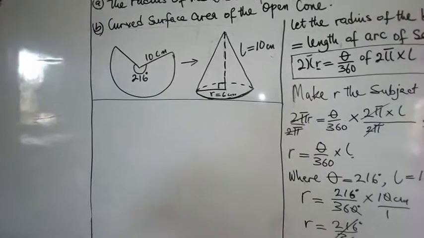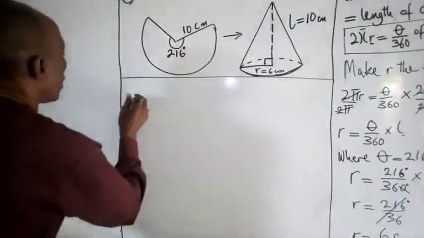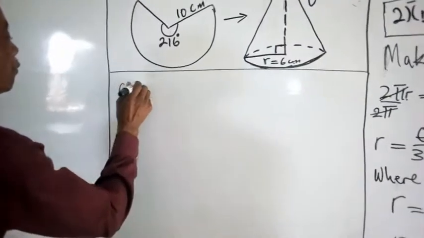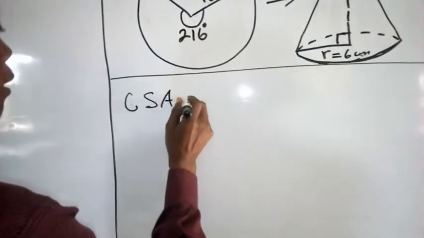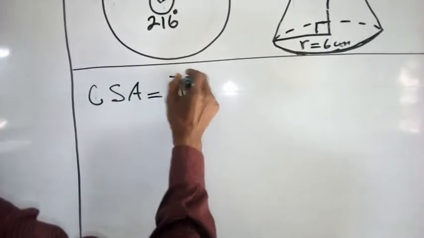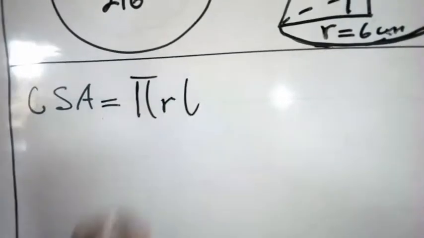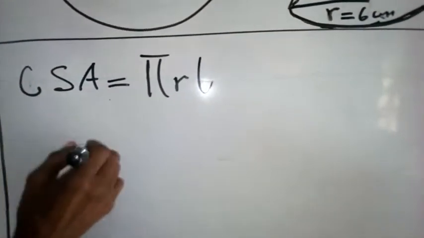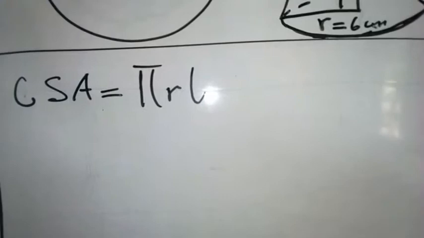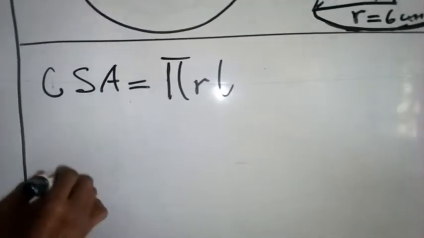Curved surface area is equal to pi, that's the formula, radius, and then slant height. You don't need to bother yourself, because they say leave the answer in terms of pi.